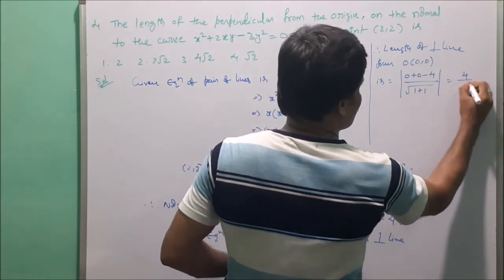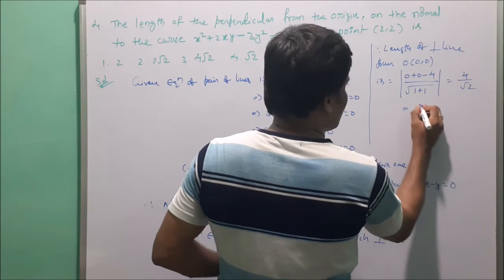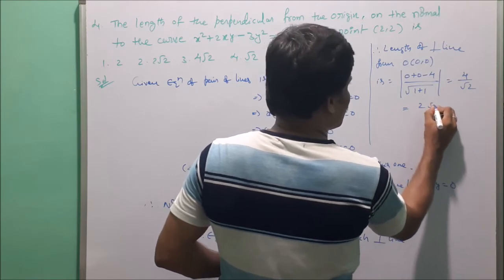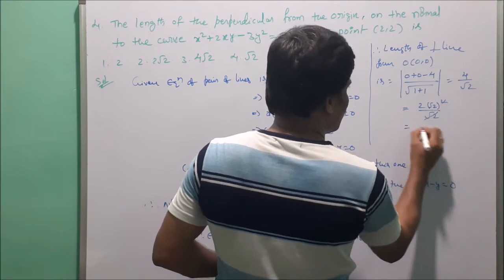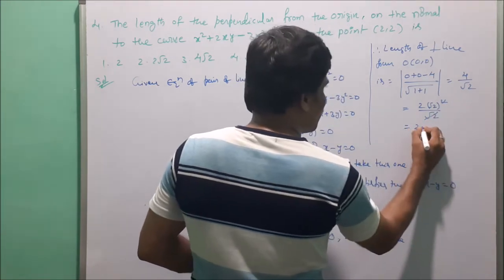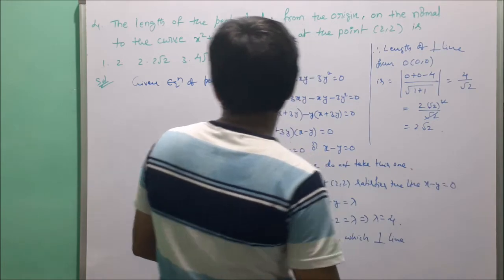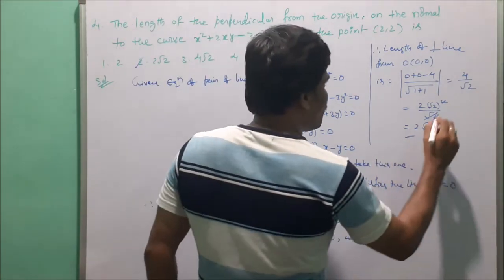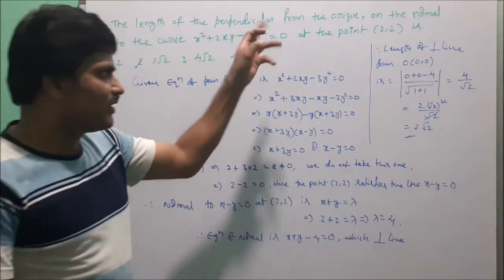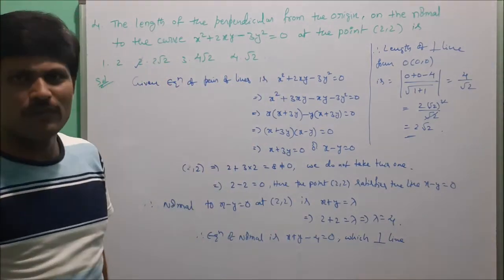This is 4 by root 2. Now we write 2 into root 2 whole square by root 2. Cancelling root 2 in numerator and denominator, the value is 2 root 2, which is option 2. This is the solution for this problem.